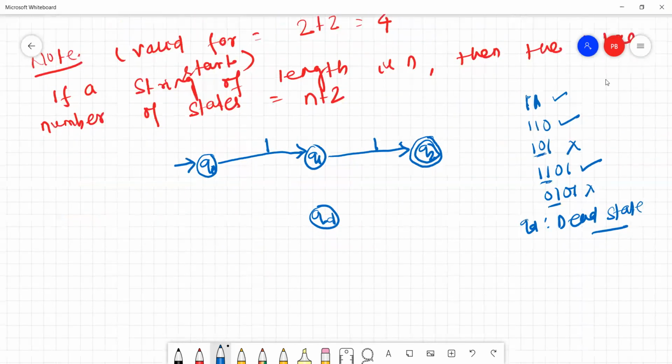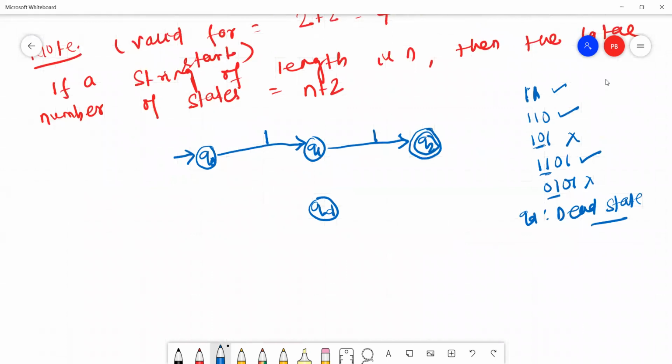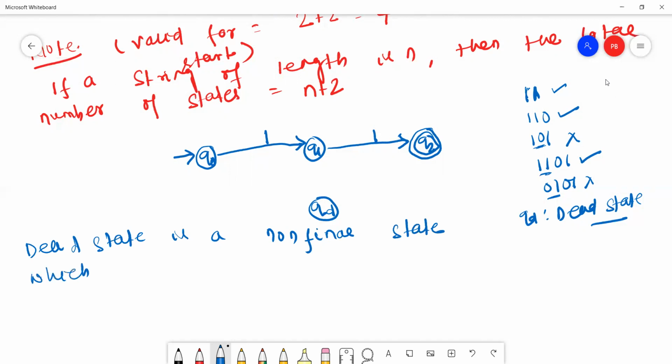The dead state is a non-final state which has self loops on all inputs.